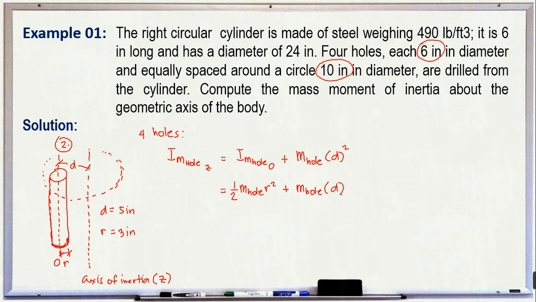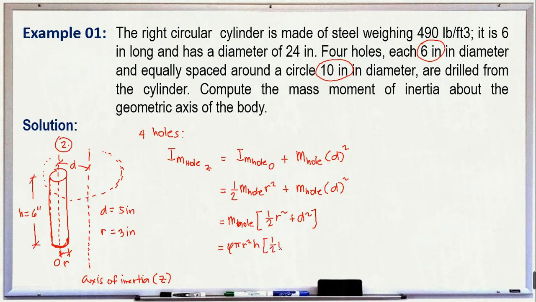Okay, so D squared. The mass of the hole is common. So, the mass of the hole times 1/2 R squared plus D squared. So the mass of our hole, like a cylinder, is pi, the cross-sectional area, so pi r squared times the height. The height of the hole is similar to the height of the huge cylinder, which is equal to 6 inches.